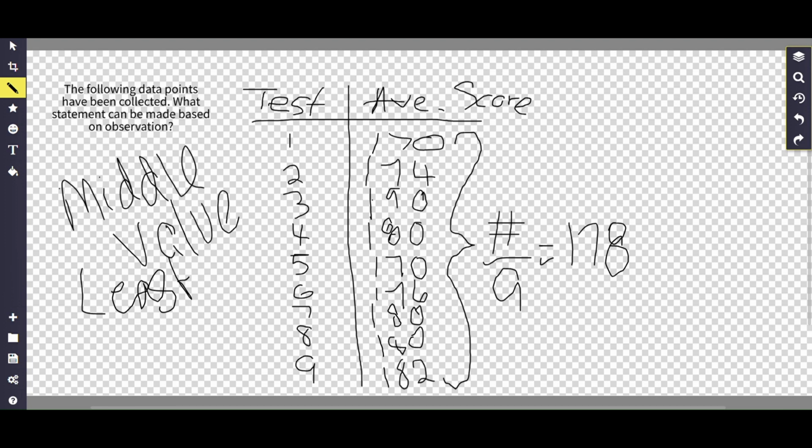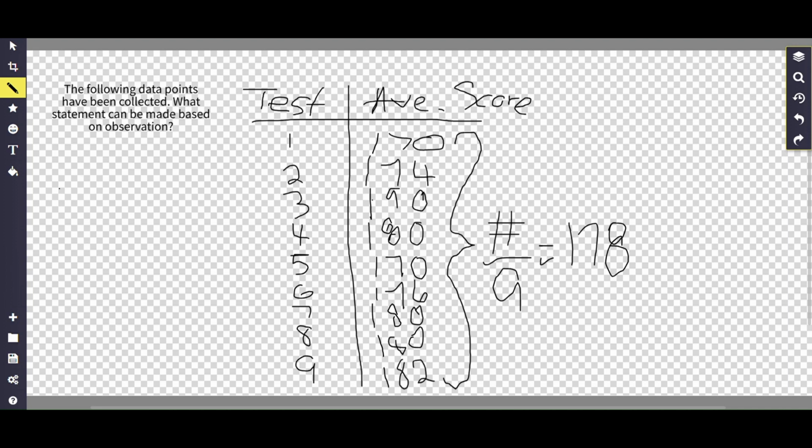If there's an even number of values, like 10, we take the two middle digits. So if you had 10 right after number 9 here, you would take, not 4 and 5, you take 5 and 6. Whatever their values are, you add them together and divide by 2, and whatever's in the middle would be your median.